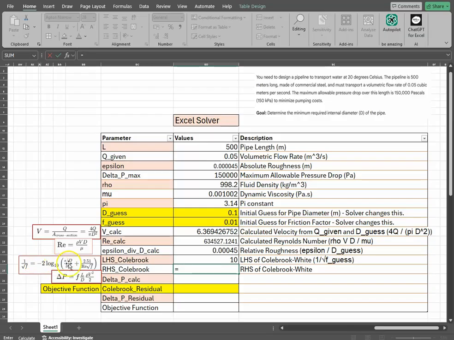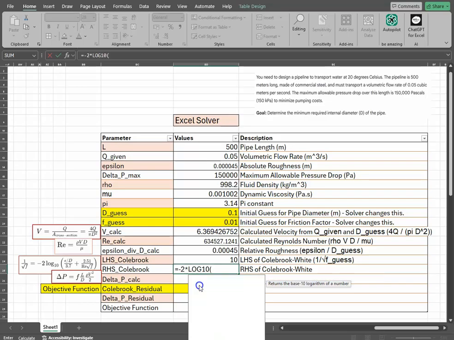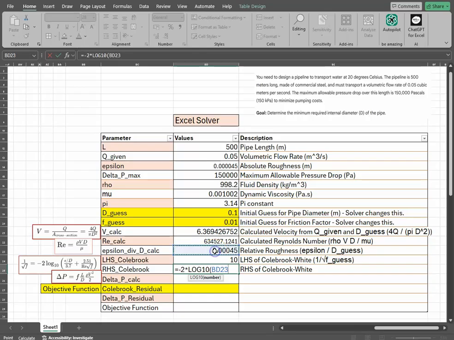RHS is minus 2 log 10. So minus 2 into log base 10. Then epsilon by D already we have calculated, divided by 3.7 plus then 2.51 divided by RE.